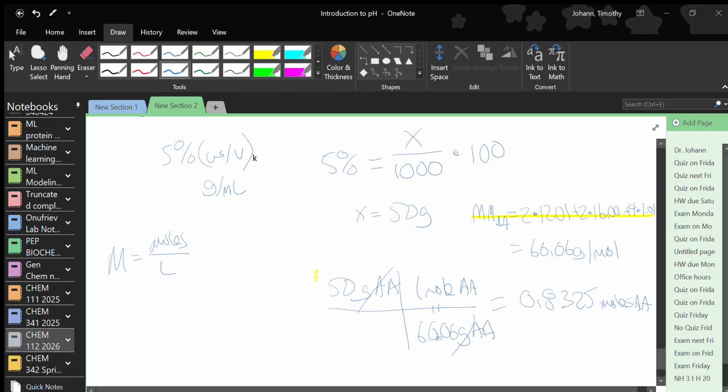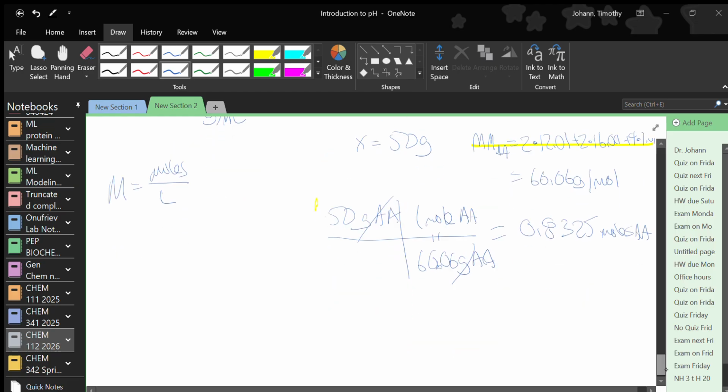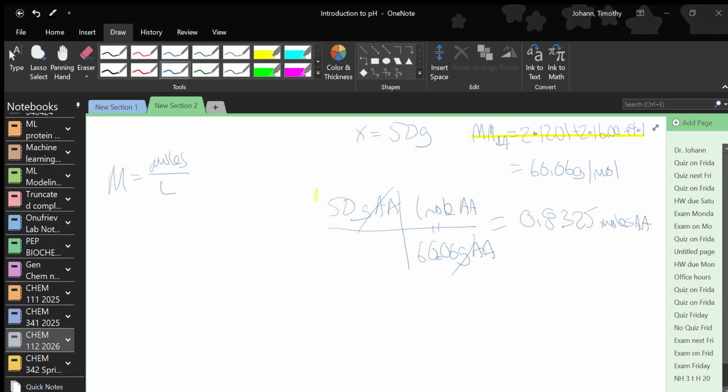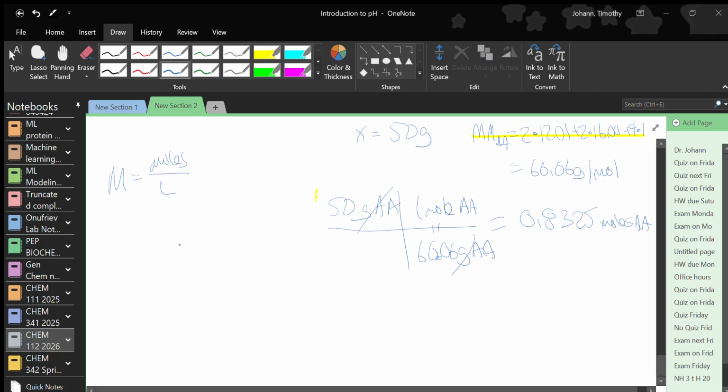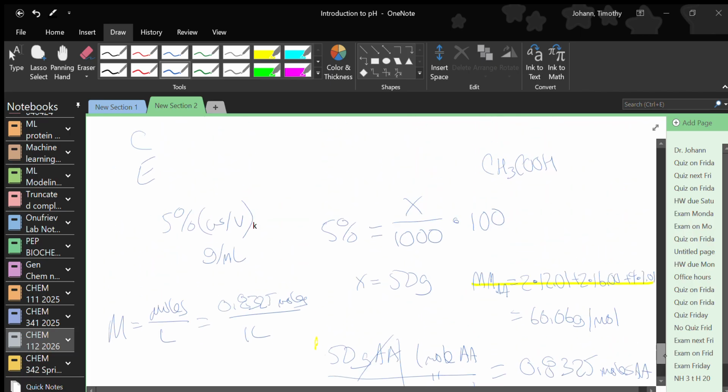And now I'm finally ready to calculate my molarity, all right? So for my molarity, that's going to be easy, right? So my molarity is 0.8325 moles divided by, we chose 1 liter to make this easy, right? So it's going to be 0.8325. You guys with me? Okay.